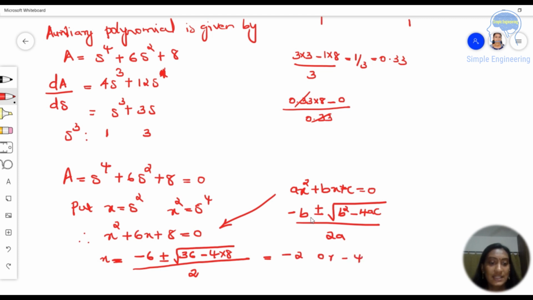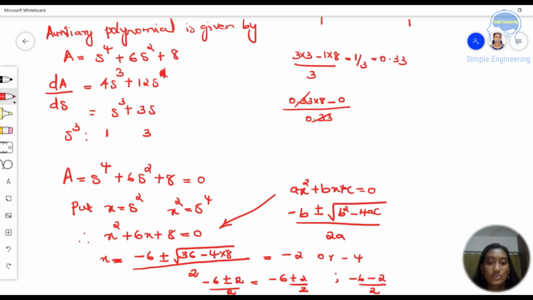That is minus 6 plus or minus root of 36 minus 32, you will get here root 4. That is minus 6 plus or minus root 4, which is 2, by 2. So that is minus 6 plus 2 by 2 and minus 6 minus 2 by 2.